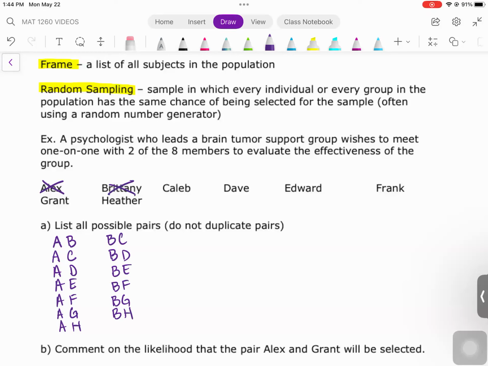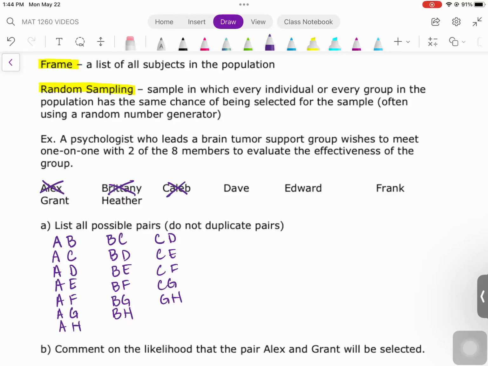And now we're done with all of the pairs that would be paired with Brittany. Starting with Caleb, Caleb Dave, Caleb Edward, Caleb Frank, Caleb Grant, and Caleb Heather. And now we're done with Caleb.